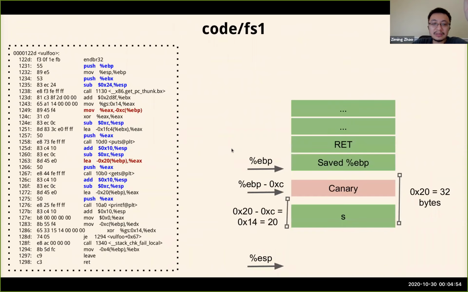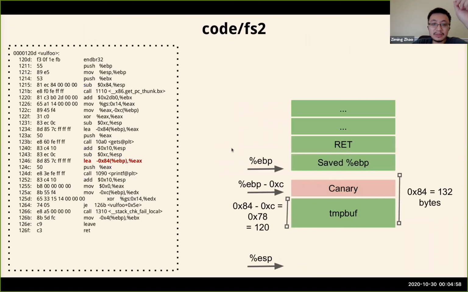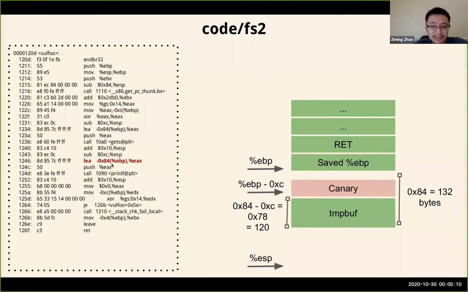Then the next thing is, how do you provide the address? Let's look at this function again. This is what the stack looks like. We have the local variable of 120 bytes. If you look at the C code, the temp buffer is actually 132 bytes away from the saved EBP.